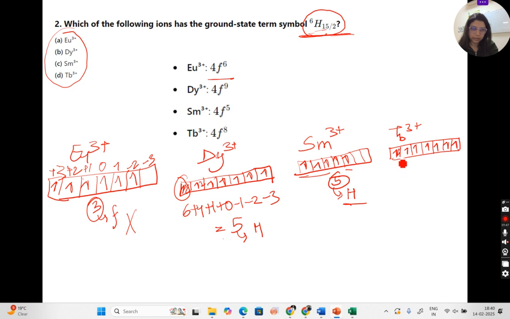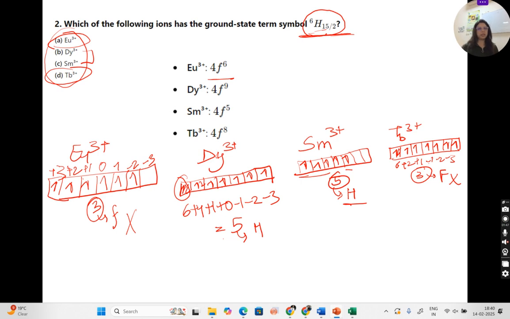It is like this: 6 plus 2 plus 1 minus 1 minus 2 minus 3, which gave us 3, so this is not the option. So 2 of the options got eliminated. Now we are left with either B or C.